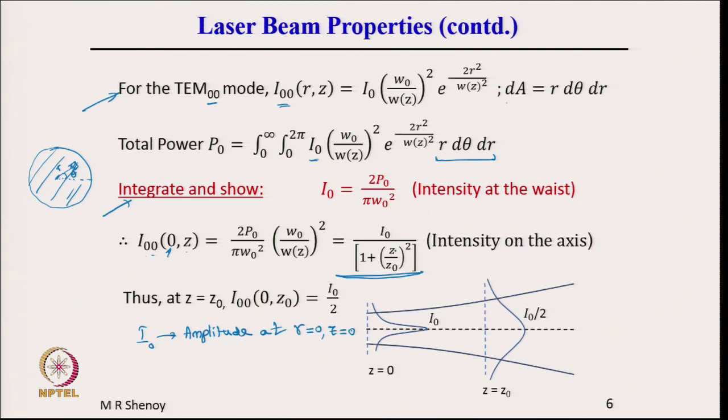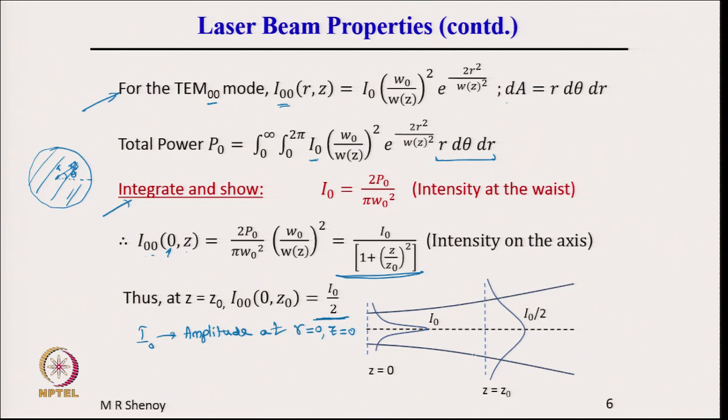Note that if we put z is equal to z 0, then I of 0, z 0 is I 0 by 2. Again, I 0 is the amplitude or maximum intensity on the axis of the beam at the waist.